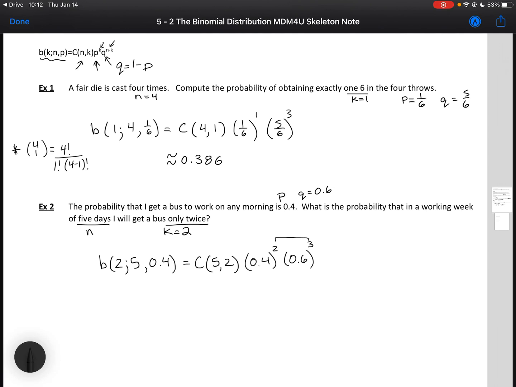So these 2 exponents should always add up to your n value. Evaluating that on your calculator, you should get 0.346, or about a 35% chance.